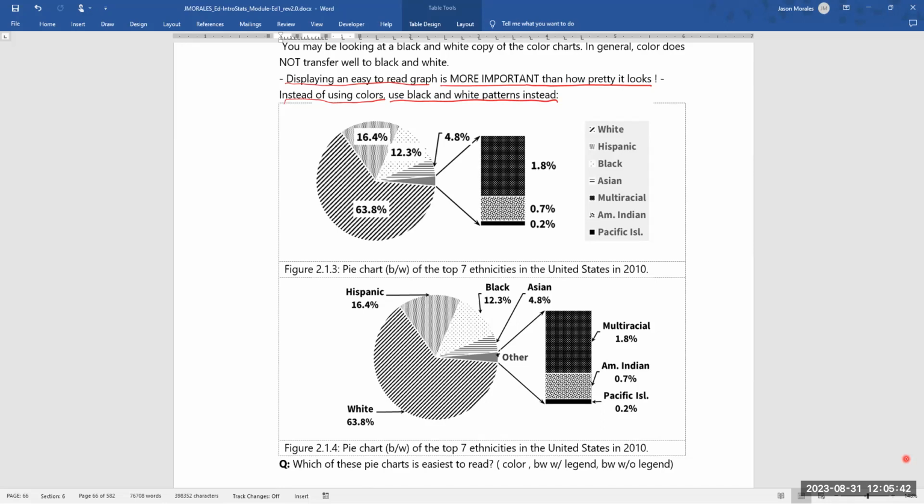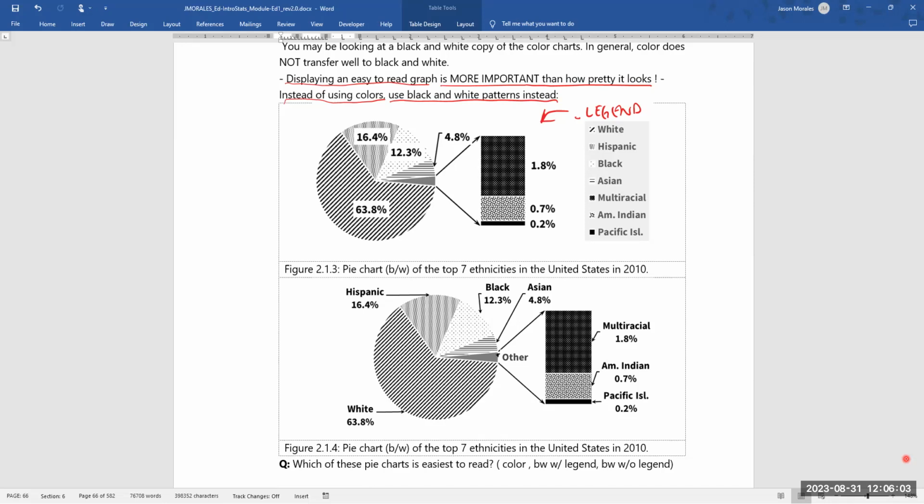This pie chart down below is different in that it has what's called a legend. A legend is a key that tells you how to interpret the graph to the left of it, or adjacent to it, I should say.